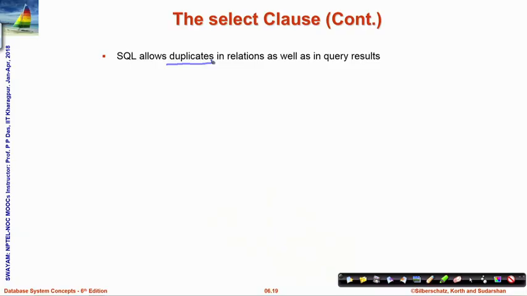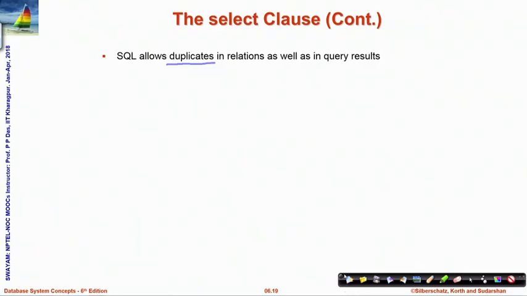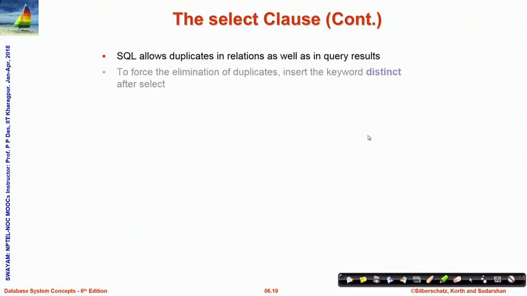But please keep in mind that SQL actually allows duplicates in relations. So, it is possible that in the same table, I may have more than one record which are identical in all the attributes of that table. And this will have a lot of consequences, and we will see how often this property will have to be used.